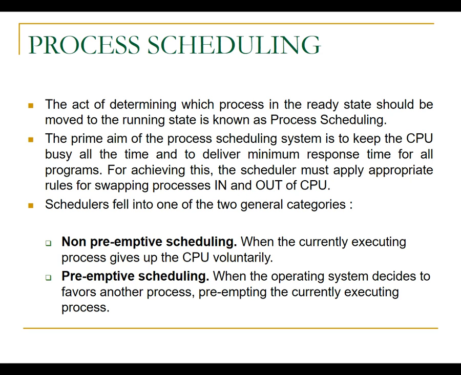Important processes reside in the waiting state and miscellaneous processes get executed by the central processing unit. Ultimately, the user will not get the proper answer at the desired time. So that's why process scheduling has a very important role. Clear?